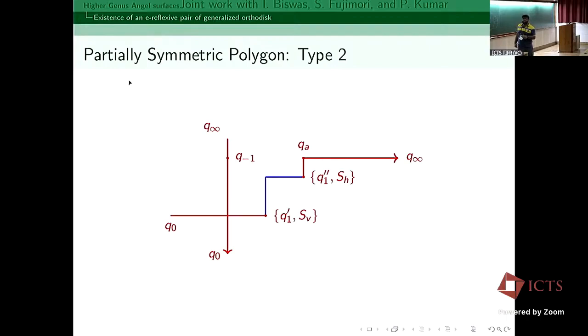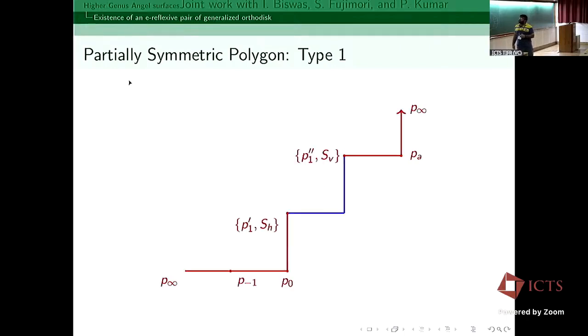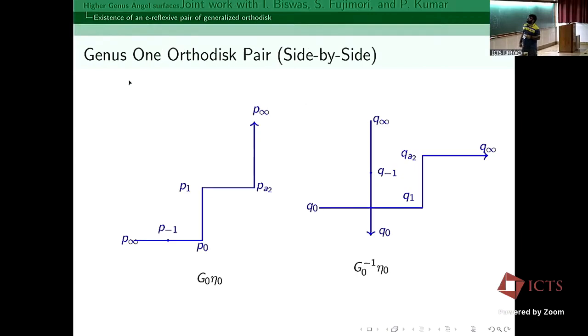This is actually the catenoidal end. But in the catenoidal end, in one ortho disk that is a finite point, and in another ortho disk that is not a finite point. That point is lying at infinity. So this is the catenoidal end, and at the infinity point, that is an planar end. From here to here.